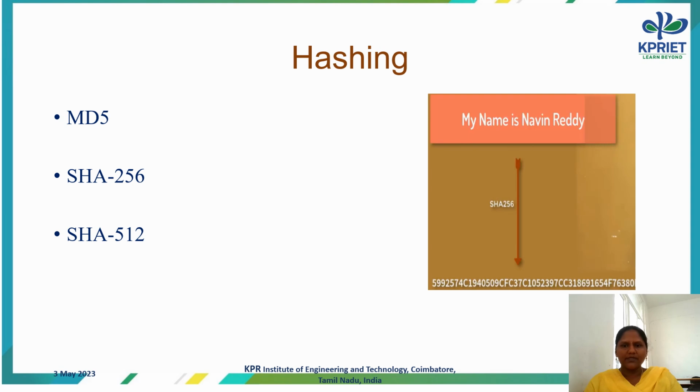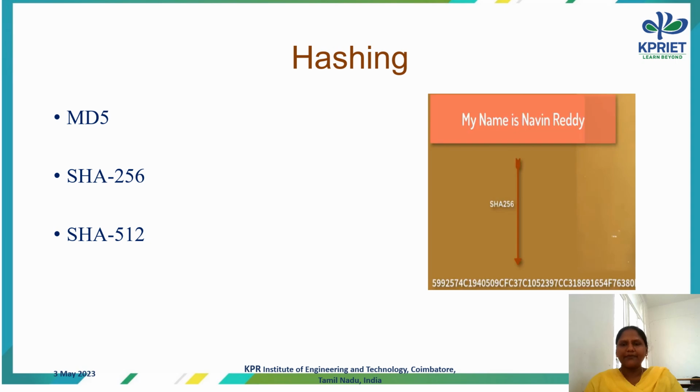the SHA-256 algorithm is used. Say for example, if I pass an input, my name is Navin Reddy, to the algorithm SHA-256, then it is going to provide me a hashed output. The length of the hashed output will be 256.